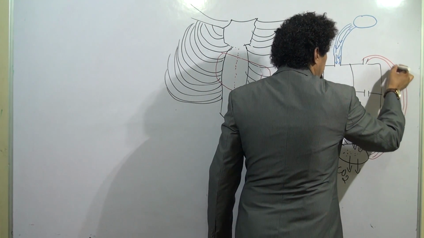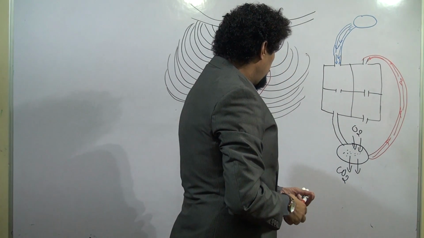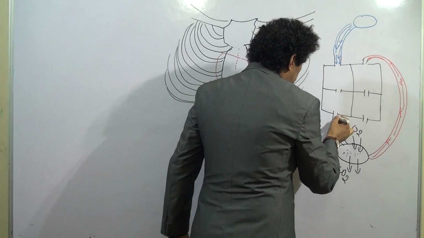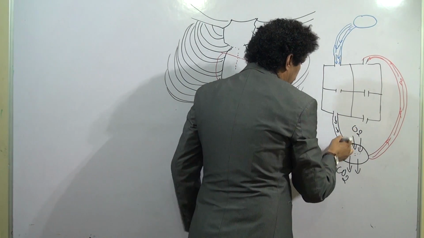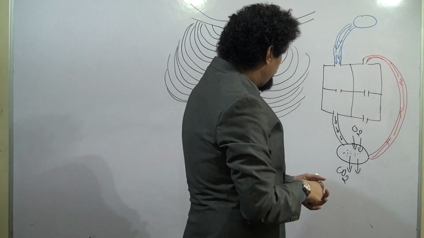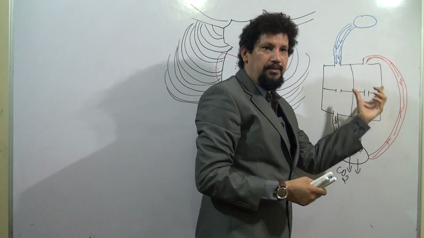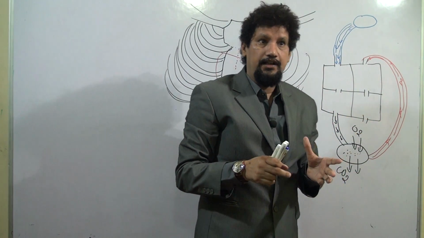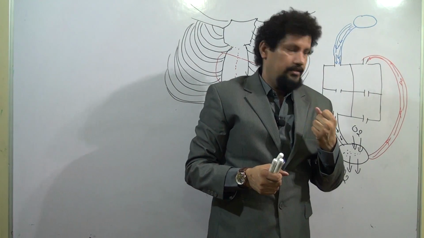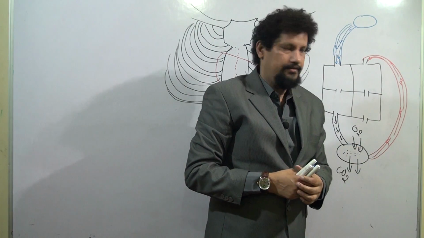So this is the direction of circulation, and this blood was deoxygenated blood. From the left atrium, blood is entering in the left ventricle, the largest chamber having the strongest walls in the heart.